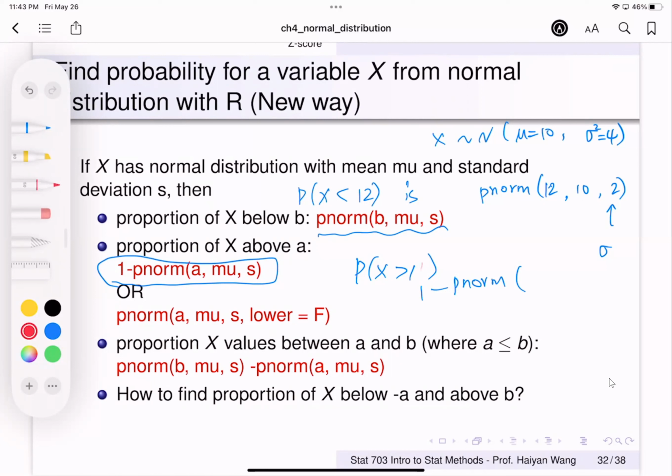Instead, 11. So for x greater than 11, I'll put 11 there, the mean is still 10, and the standard deviation is 2. That will give us the probability. For the proportion of values in between two numbers, we use pnorm of the big number minus pnorm of the smaller number.